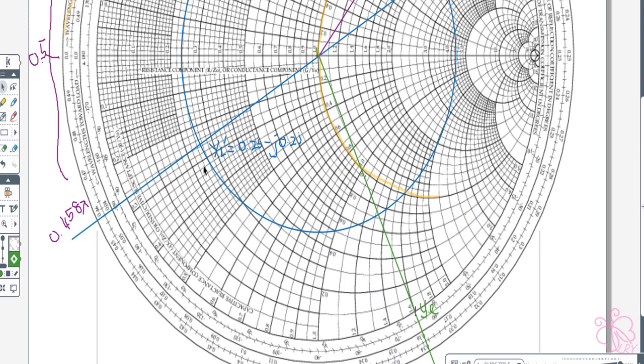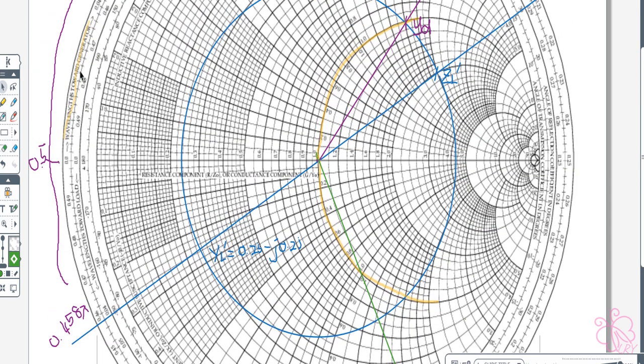Okay, so we need to use the same rotation, which is wavelength towards generator. From the wavelength towards generator scale, we read.